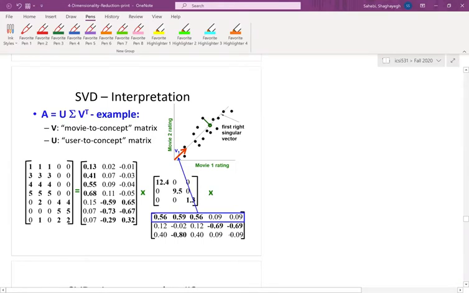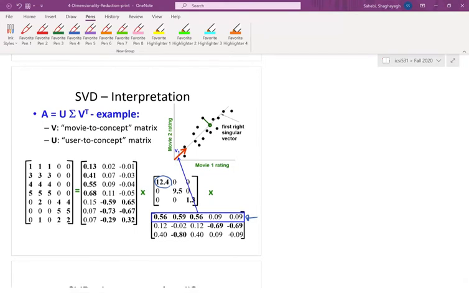So an example would be like this. In our movie concept matrix and user to concept matrix, the direction can be the first right singular vector that we have. So the first right singular vector, which is associated with the largest singular value that we have, can be a direction that we project our data on.